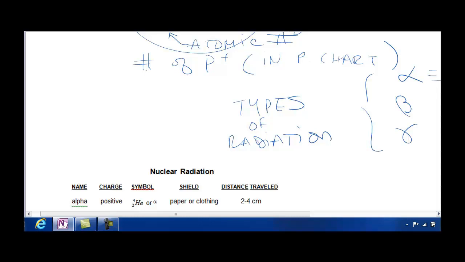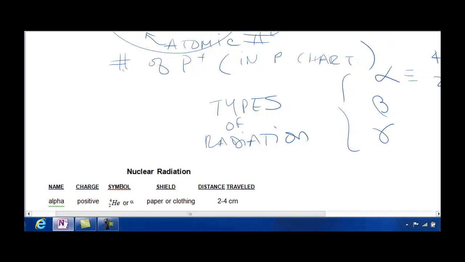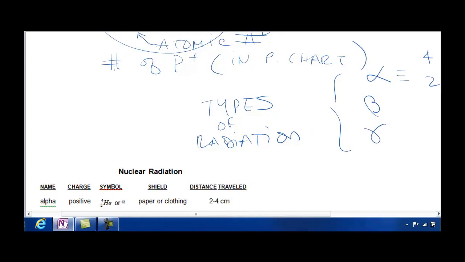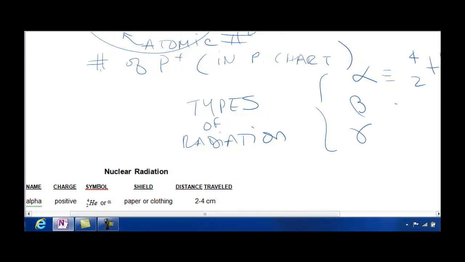The second type of radiation that we are going to look at is beta. And beta, I now want you to think of very fast moving electrons. Okay, so if we have electrons, we're thinking negative particles, very, very light.